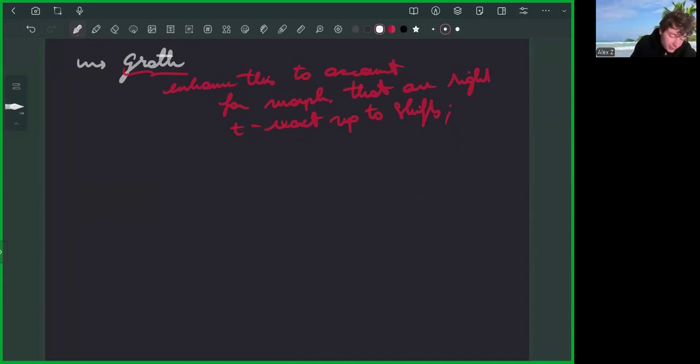So we want to account for this because this is what we will need. So in order to do this, we have to keep track of the connective part.